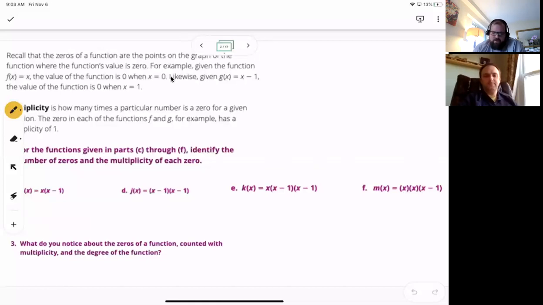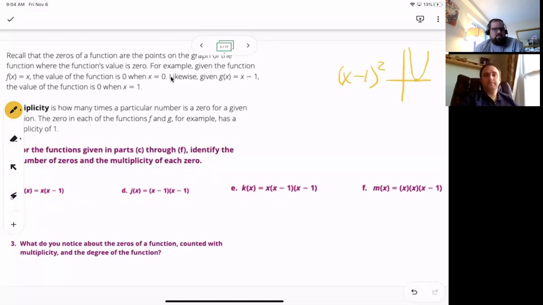But it also is a really important idea in algebra. And we saw some of this happen when we were looking at zeros and imaginary numbers, because we had some weird things happen. Like if we had x minus 1 squared, one of the things that we noticed was that it just hit the x-axis and didn't pass through it.